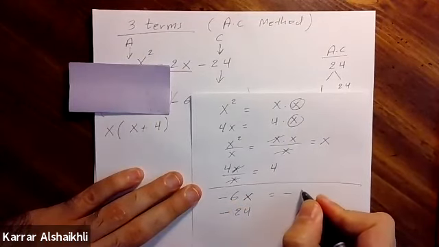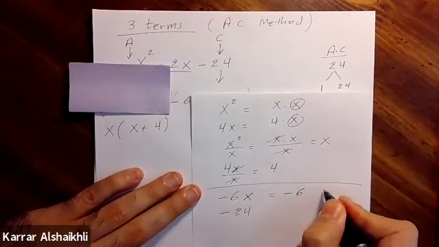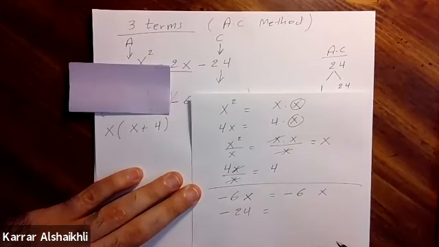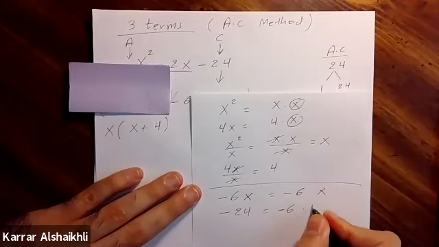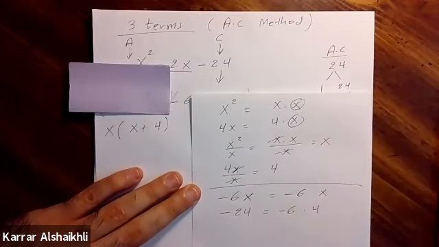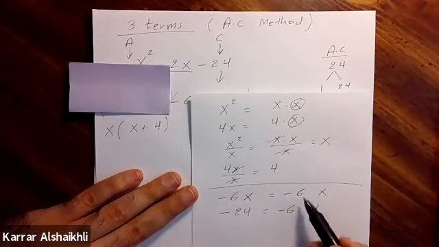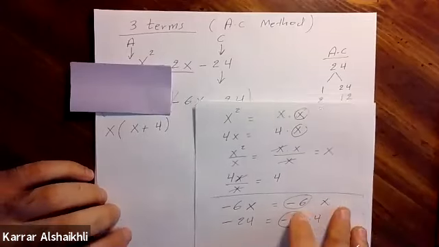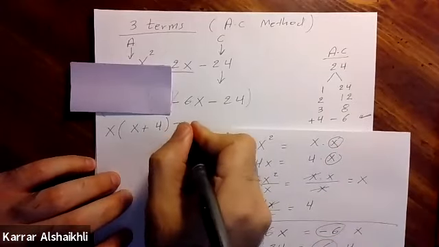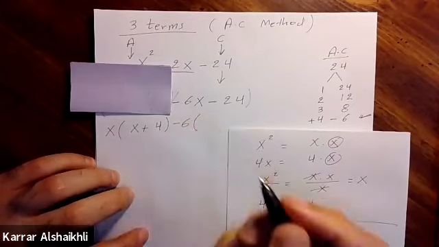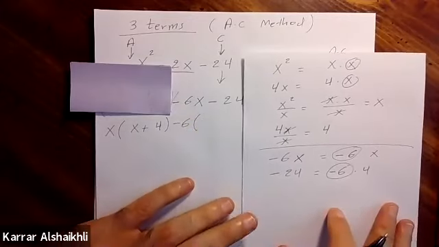Negative 6, and here is the x. Negative 24 is negative 6 times 4, and there is no x. Now tell me what's the common between these two terms? Negative 6. You see, there is a negative sign also. So I'm going to say negative 6 here. Open parentheses. Now let's divide.